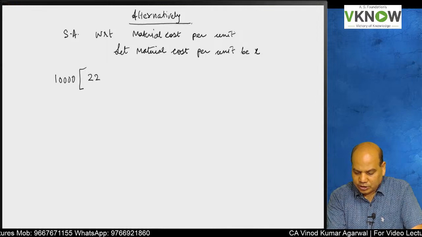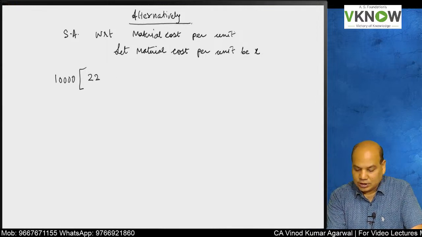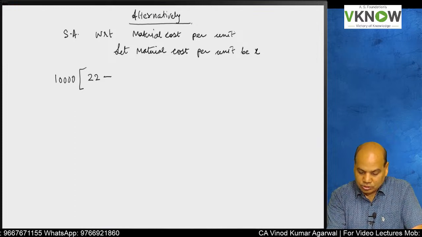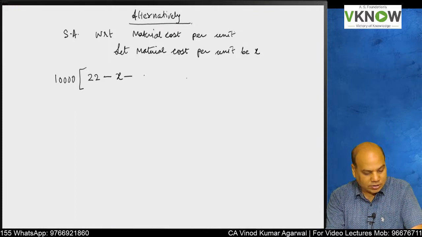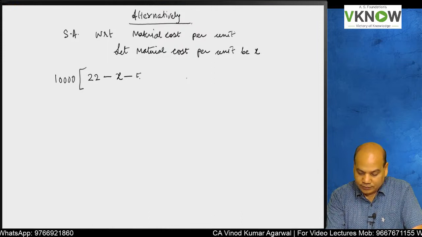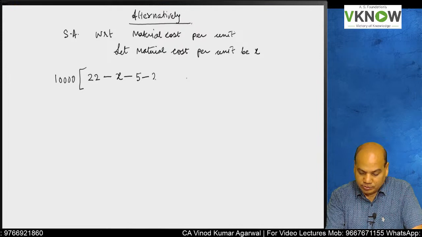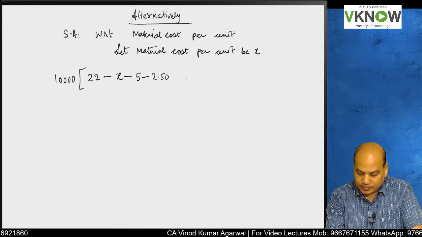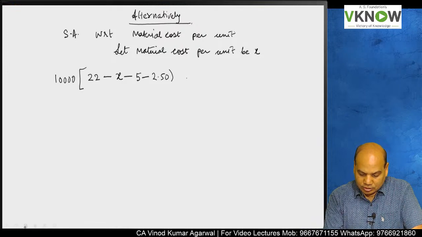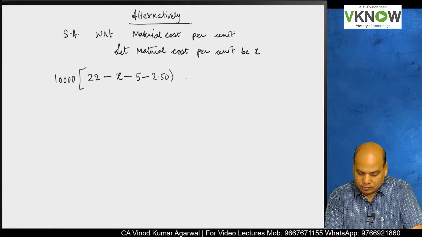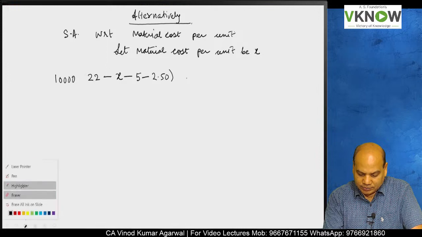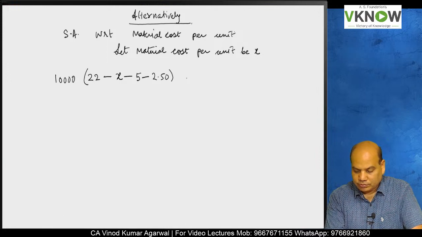Selling price is 22 rupees. Selling price is 22 minus material cost X minus labor cost 5 minus variable overhead 2.50. So this gives me contribution. What I have written inside the bracket gives me contribution.